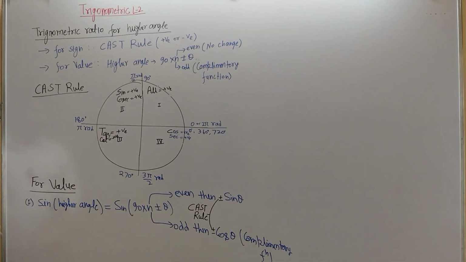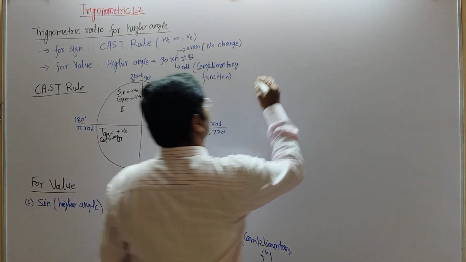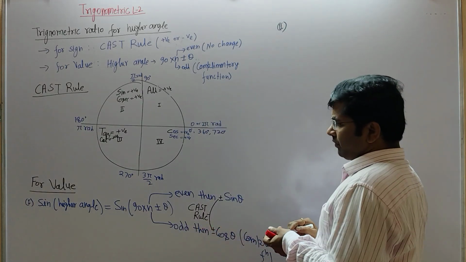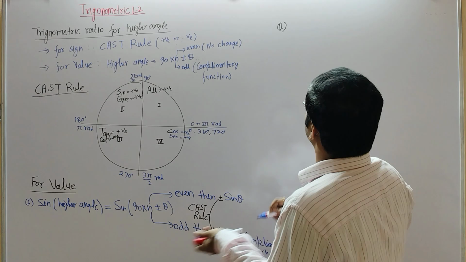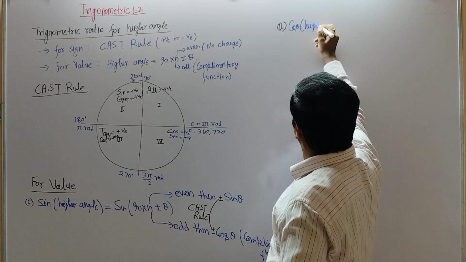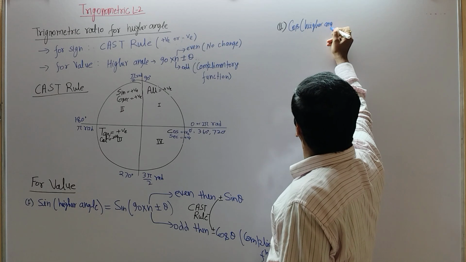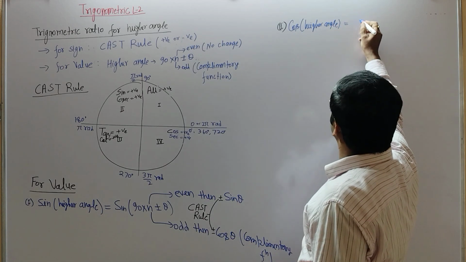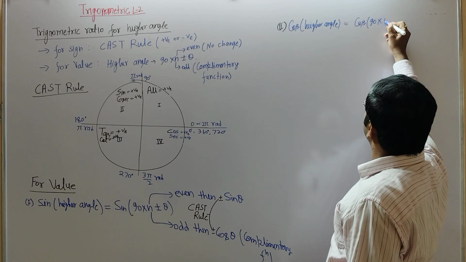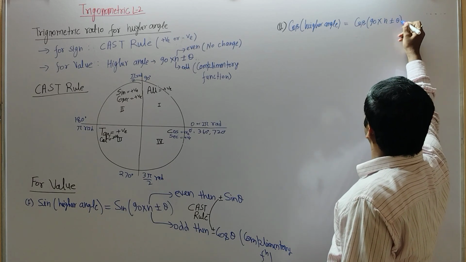Similarly, we can write for the second one, cos, again a higher angle. We write it as cos of 90 times n plus or minus theta.